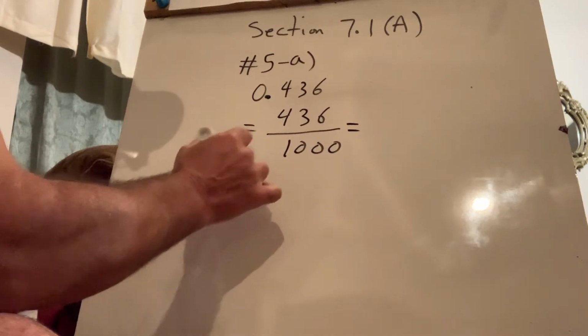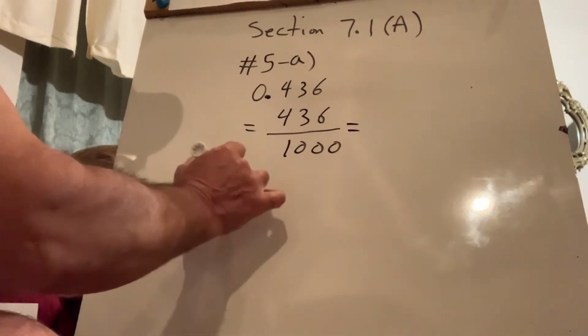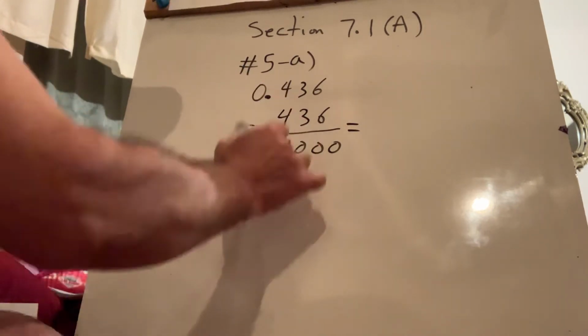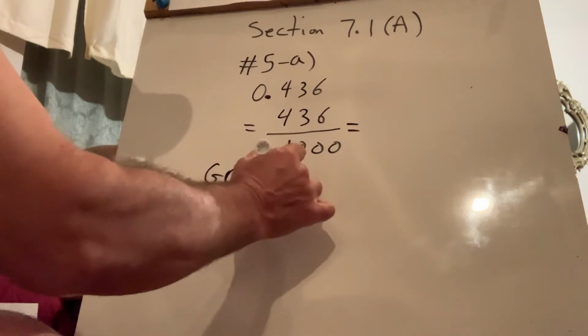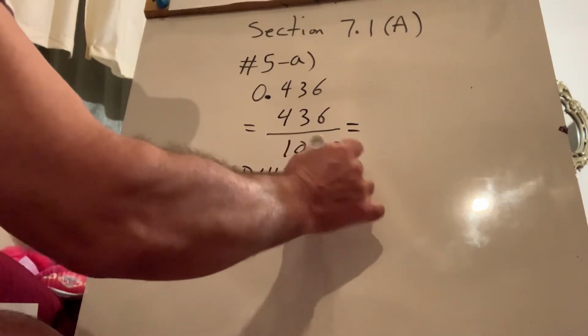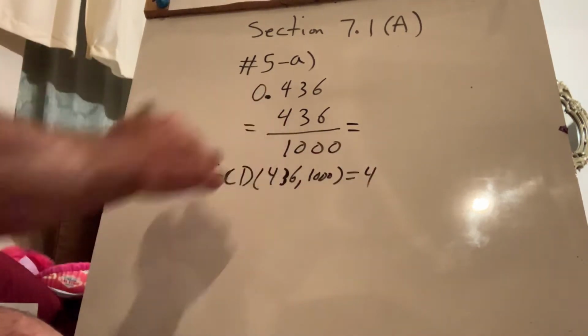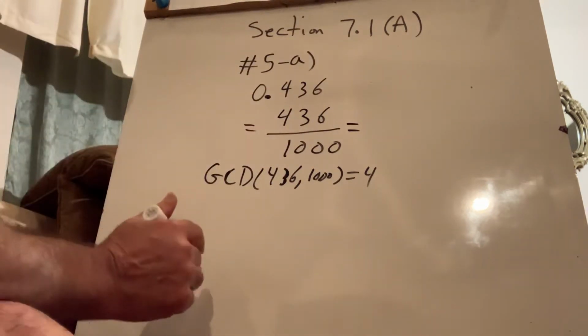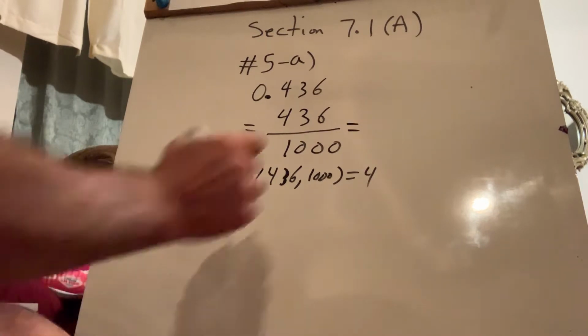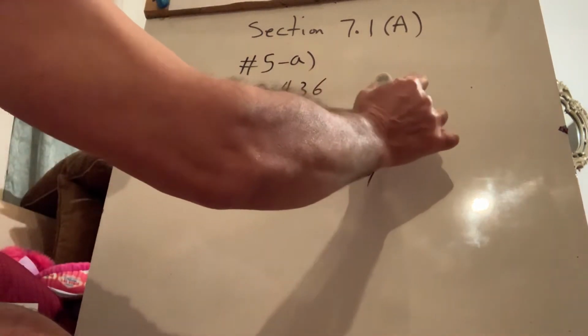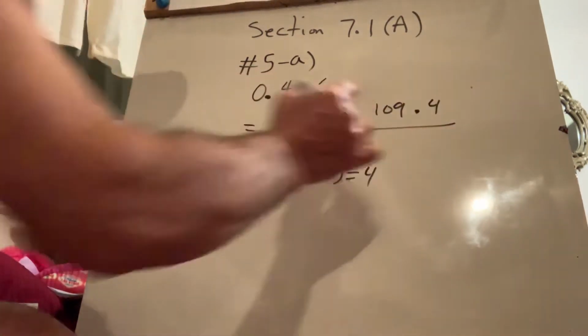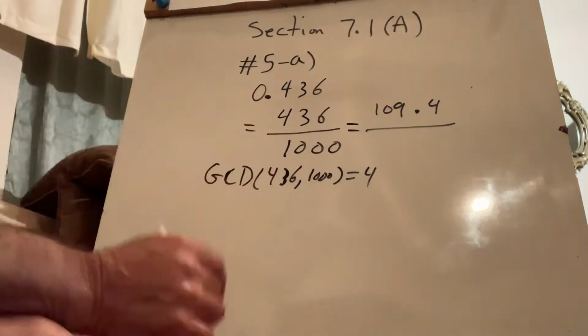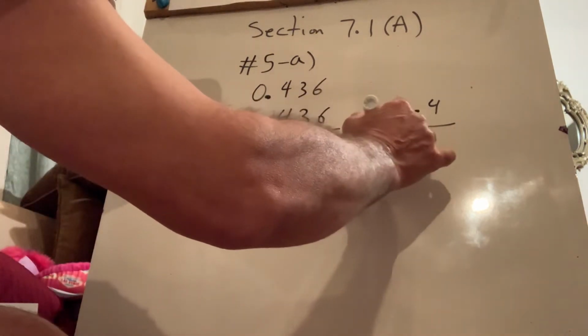I'm just going to say real quick, remember when you reduce a fraction, you find the GCD. In this case, the GCD of these two numbers, 436 and 1,000, is 4, which means the biggest factor they have is 4. So if you reduce it by 4, 436 divided by 4 becomes 109. In other words, 109 times 4 is 436. And also 1,000 is 4 times 250.